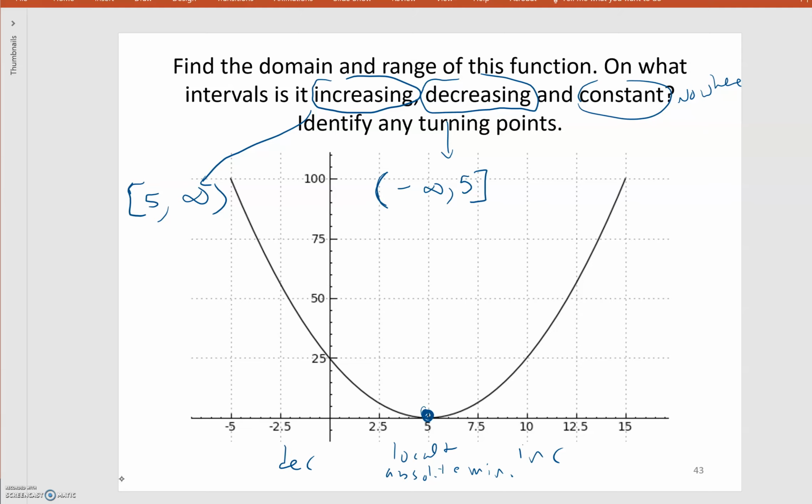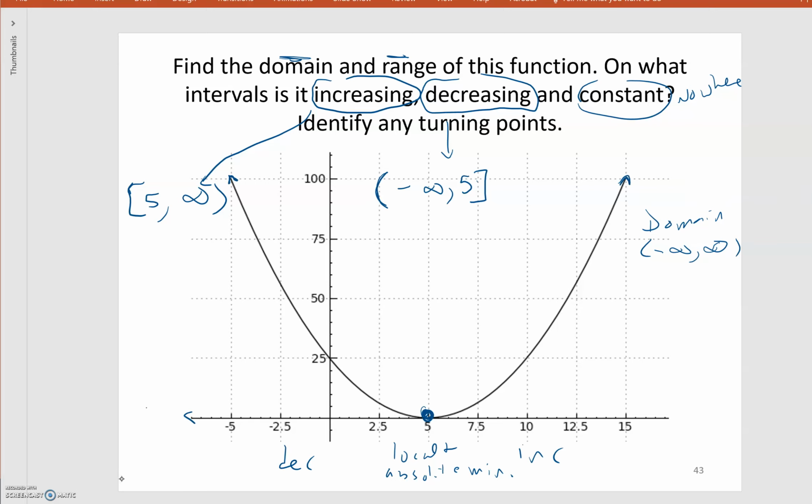I'm sort of doing this in backwards order, but let's also identify the domain and the range. The domain of this function is all real numbers. And the reason for that, and again this is parentheses, is we can assume that this behavior continues as we move to the left and to the right.